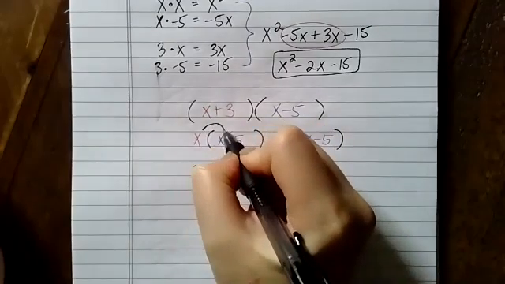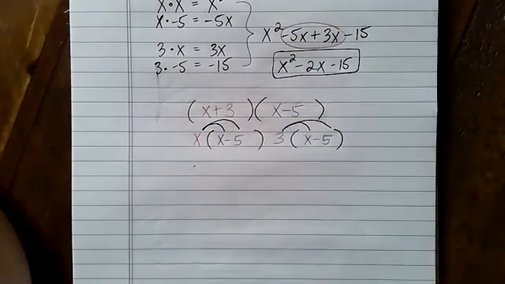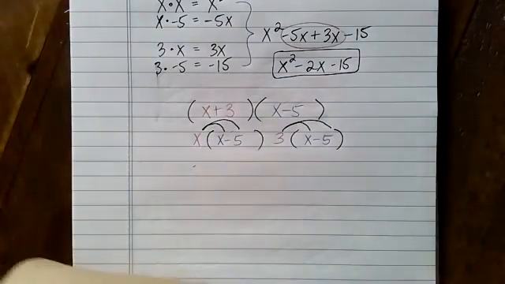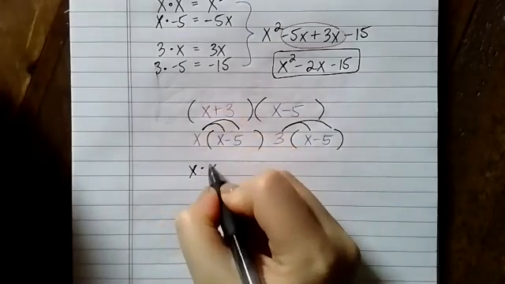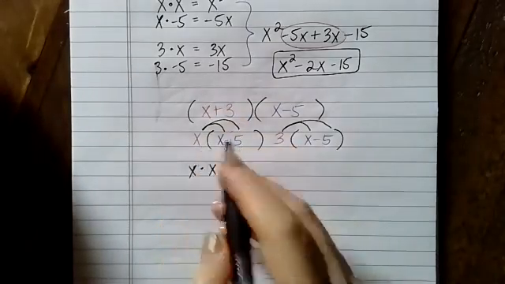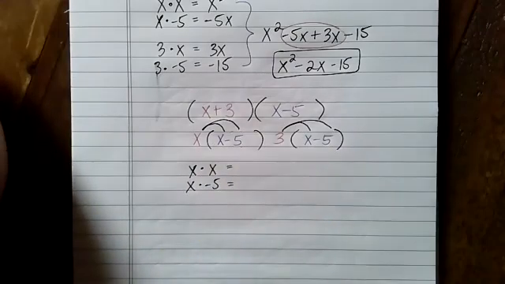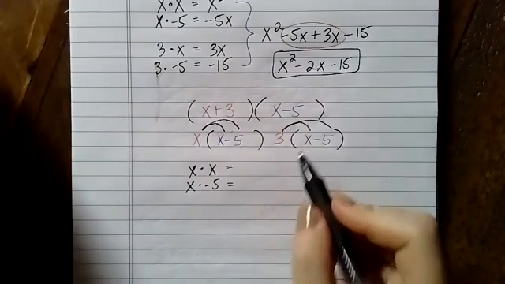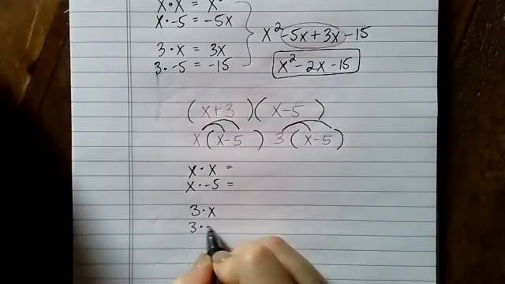So if this way makes more sense, where you distribute one thing into a parentheses, you can also do it that way, okay? So first I have x times x. I'm going to write that down. And then I have x times -5, equal and equal, okay? The next one, I have 3 times x, and then 3 times -5.